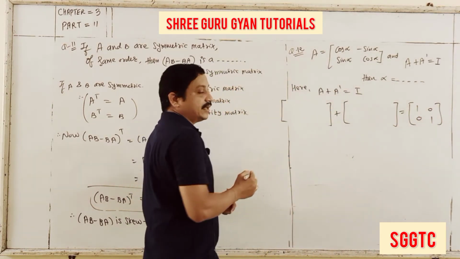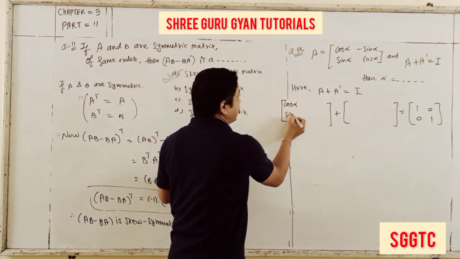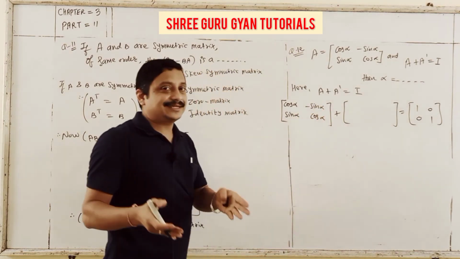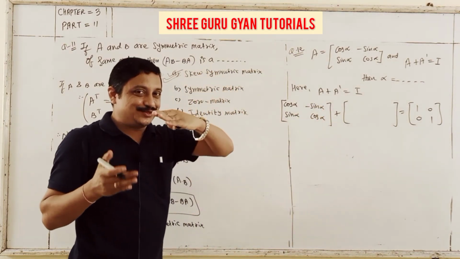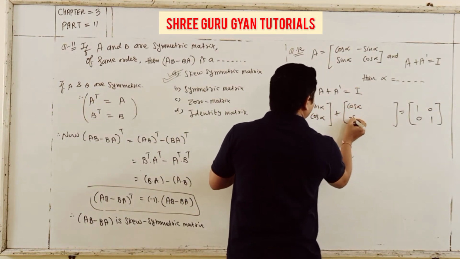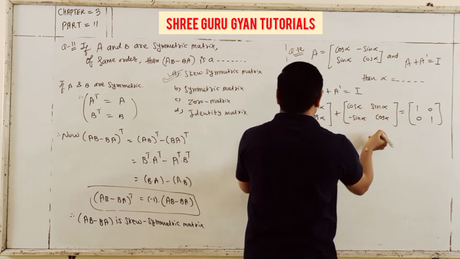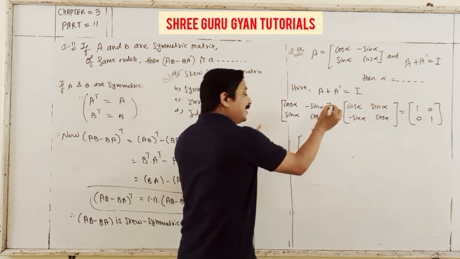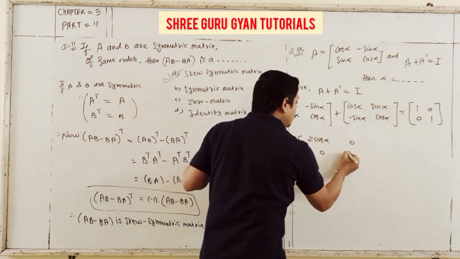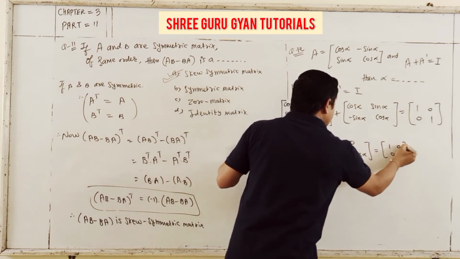Here apply the A matrix. My A matrix is cos sine, minus sine cos, and go to its transpose. So row translates into column. First row becomes first column: cos alpha, minus sine alpha, sine alpha, cos alpha. Second row, second column. Now both added, it is 2 cos alpha, 0, 0, 2 cos alpha, and finally equal to 1 0 0 1.